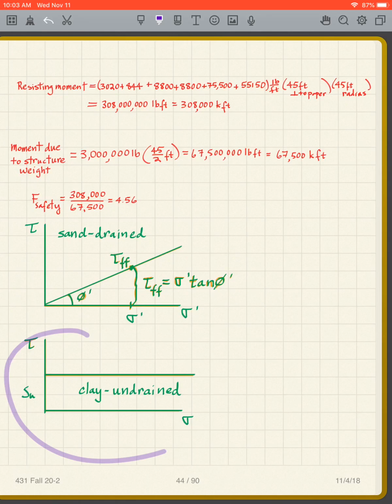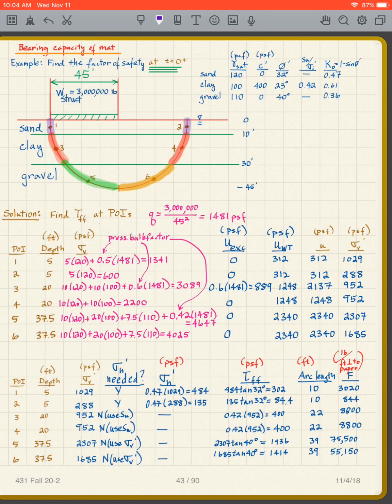For the clay undrained, it looks like this. So I just want to get my SU. So sigma H prime tangent phi prime gives me my tau FF in that sand.